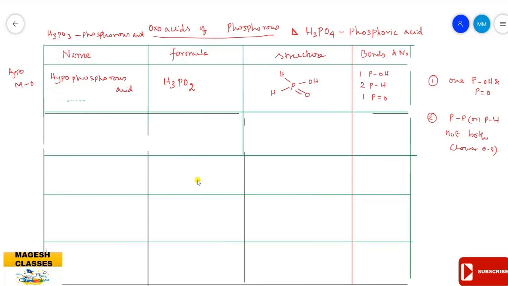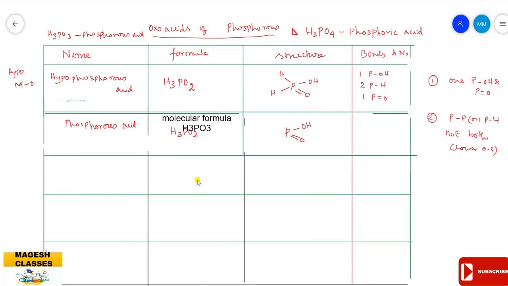Next one, phosphorus acid, or orthophosphorus acid, simply say. The formula is H3PO2. The structure: the phosphorus has minimum 1 OH and 1 double bond, and the remaining are hydrogen groups.